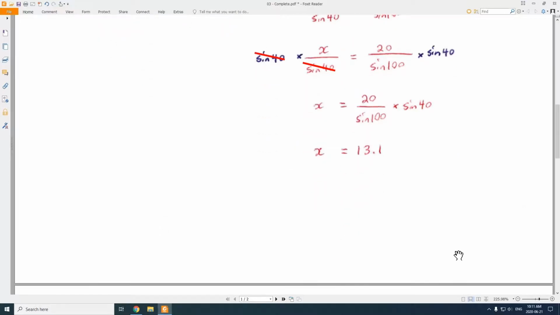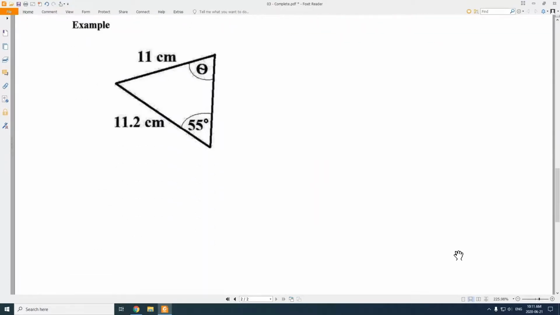All right, let's do one more example. Once again, I quickly look at this and I say, there's no right angle triangle, I cannot use SOHCAHTOA. We're going to use sine law instead. And we start by labeling.